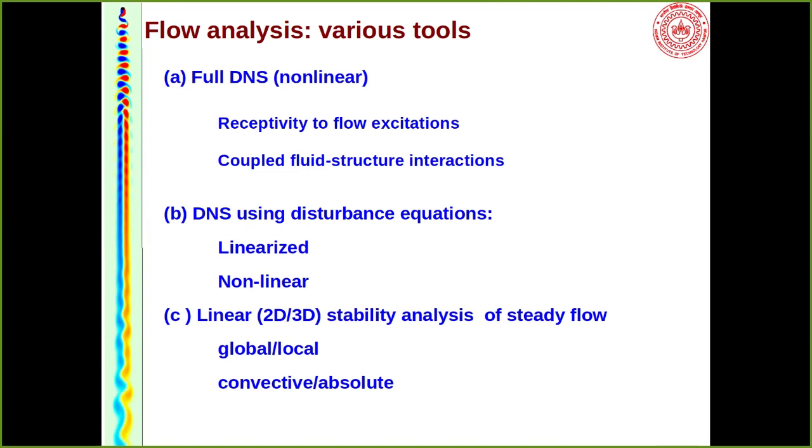You could also do a DNS, direct numerical simulation, not just with the real equations, but with just the disturbance equations. You can subtract the steady flow and write down the disturbance field. Actually these two problems are the same, it's just that the way of looking at it is different.